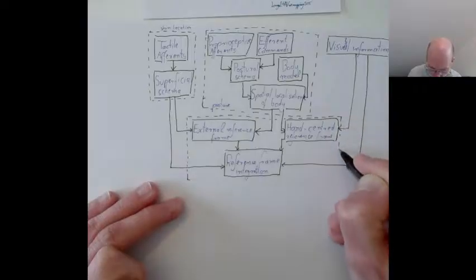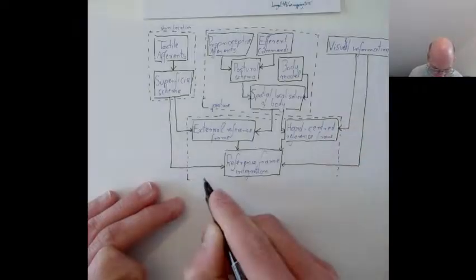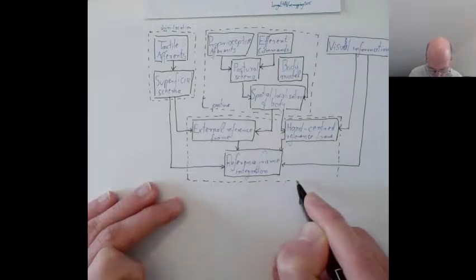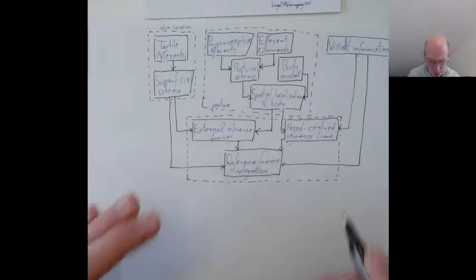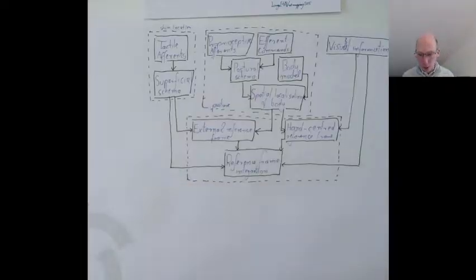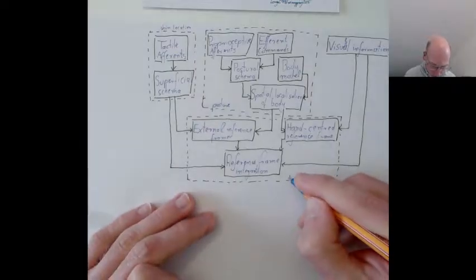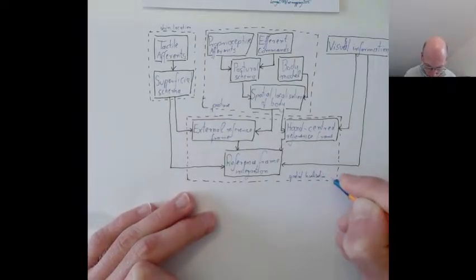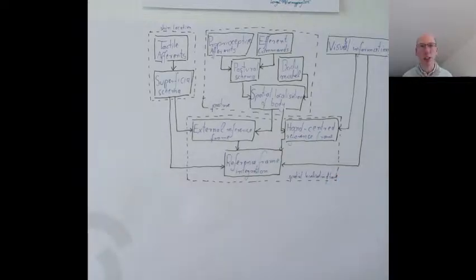So this is grouping. And now all of that would correspond to spatial localization of touch. Spatial localization of touch. Great, wonderful.